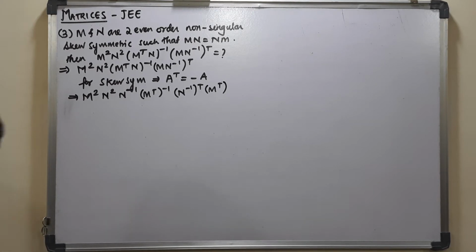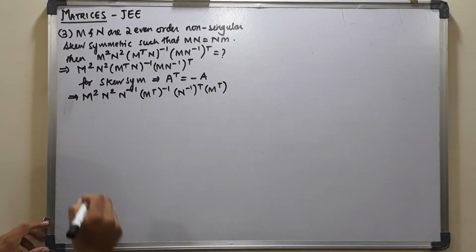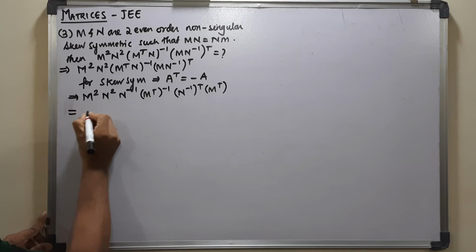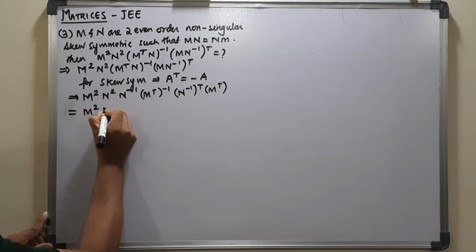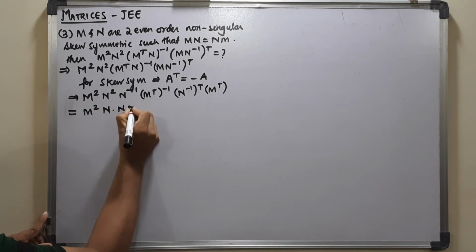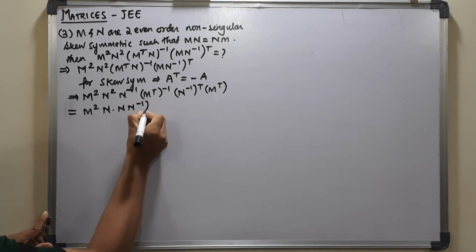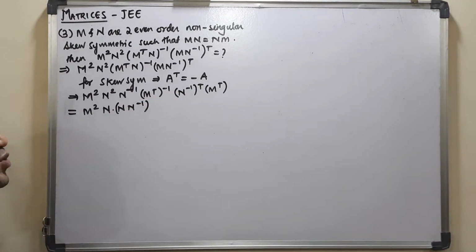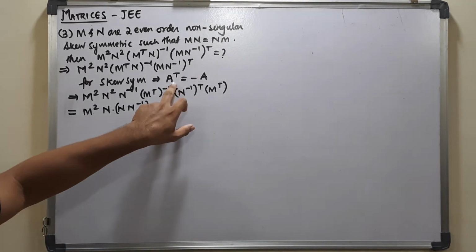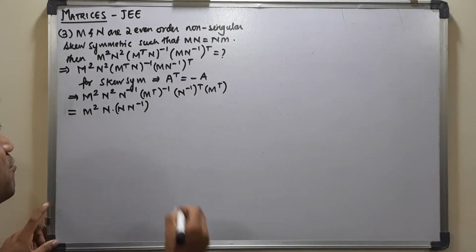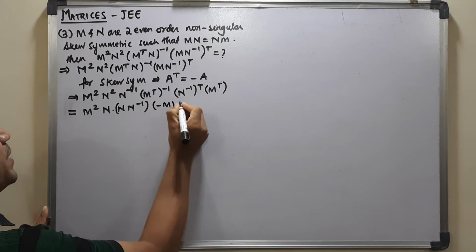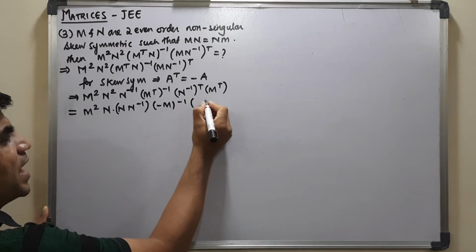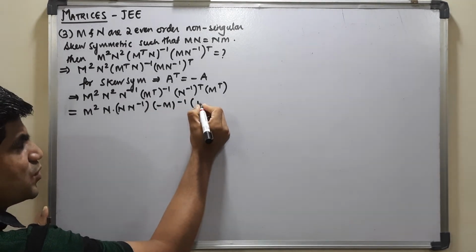Now this can be further written as M square N into N inverse, associating these two, and M transpose, using the skew symmetric concept, will become minus M inverse, N inverse transpose.